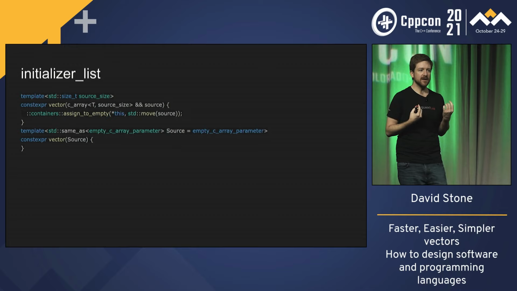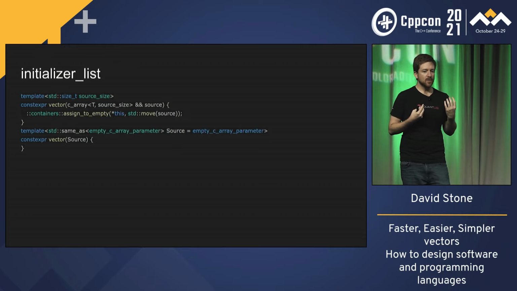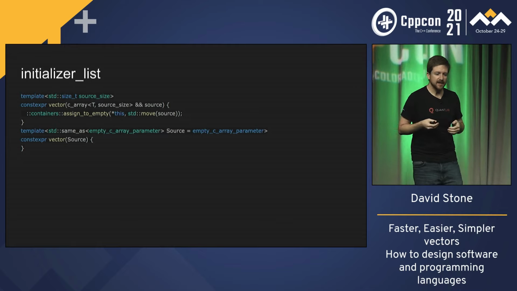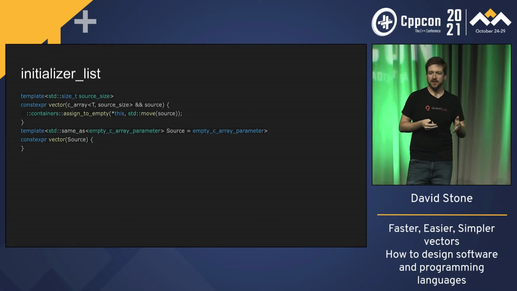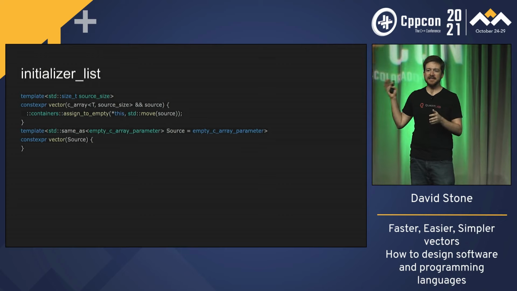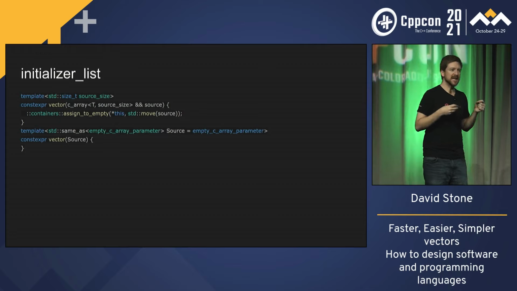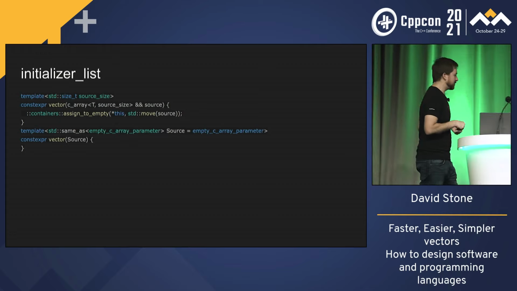And this is bad for generic code, because when you're writing generic code, if you want to construct a vector and you use curly braces, and you put some arguments in there, sometimes it'll be an initializer list constructor, sometimes it might be the size and value constructor, and that depends on the type of the vector that you happen to be using, which type of constructor you use. That's unfortunate.